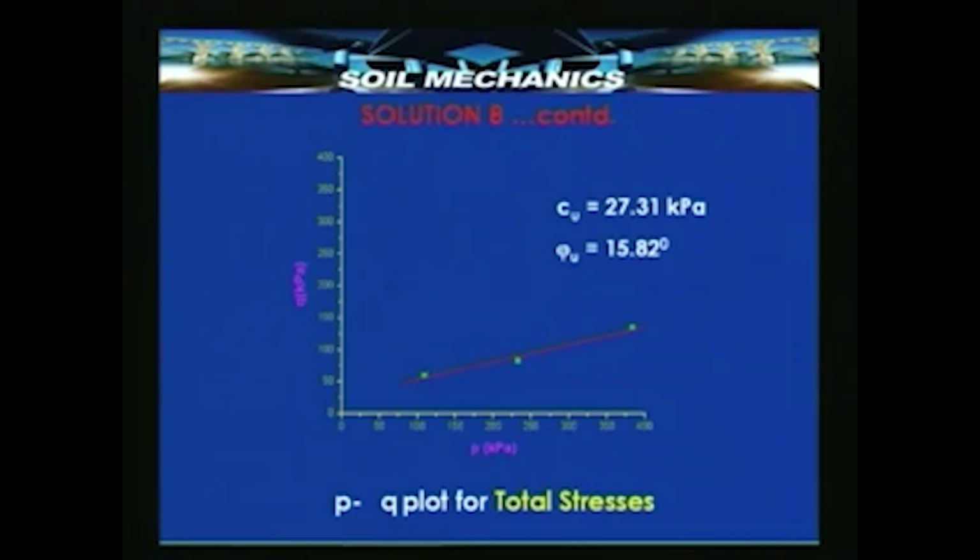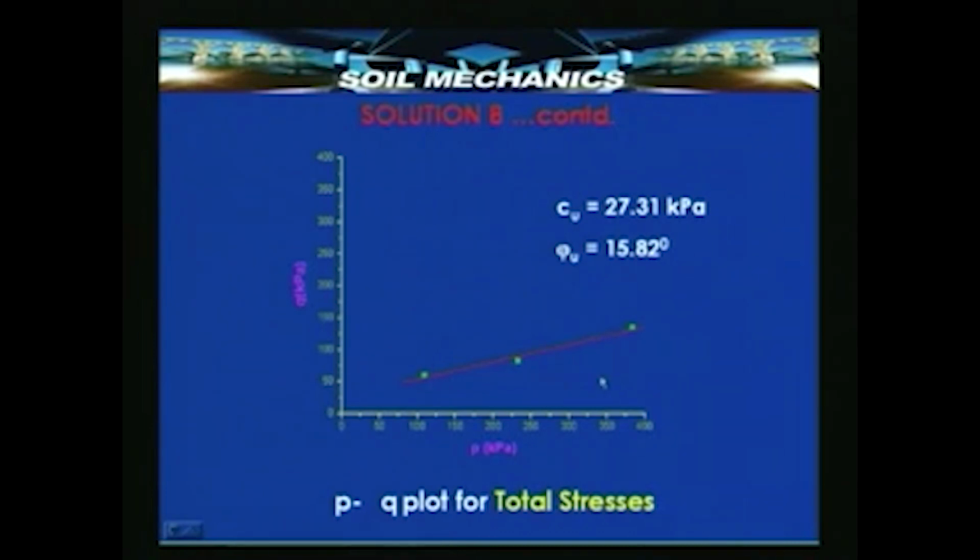So, if you plot P and Q, this is the kind of plot you will get for the total stresses, and this being a straight line, you can fit a straight line through all the 3 points, and you can find out the intercept and the angle of inclination, from which you can calculate the cohesion and friction parameters corresponding to the total stress condition, that is the undrained condition, which are known as usually Cu and phi u, undrained.